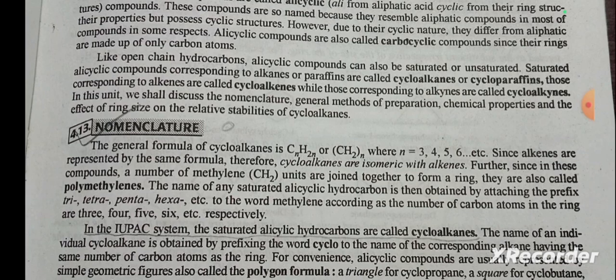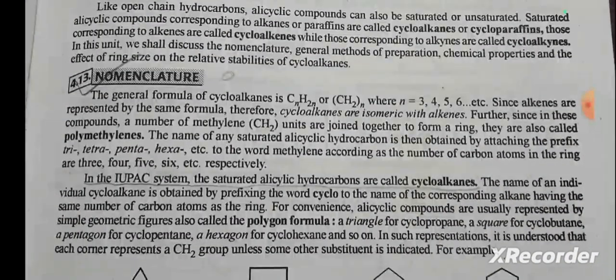Those corresponding to alkenes are called cycloalkenes, while those corresponding to alkynes are called cycloalkynes. In this unit, we shall discuss the nomenclature, general methods of preparation, chemical properties, and the effect of ring size on the relative stability of cycloalkanes.